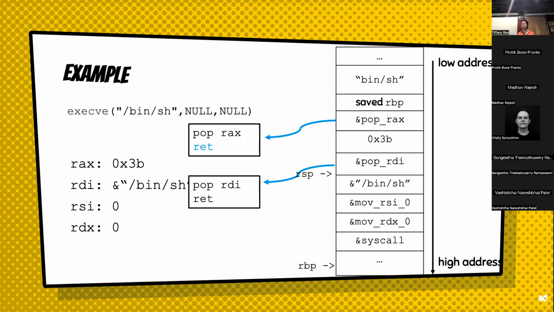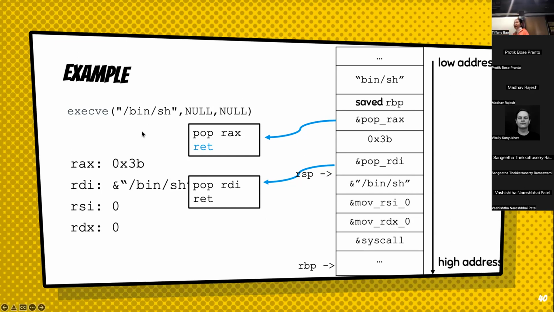So sometimes when you search for gadgets, you're not going to get the perfect gadget. For example, here we have pop RAX right before return. Sometimes the gadget is not perfect. There might be some junk in the middle. For example, you have pop RAX, but also maybe mov EBX or mov RBX equal to 1. But we don't care, because it's fine that we contaminate other registers as long as we don't need them by the time we run the system call.